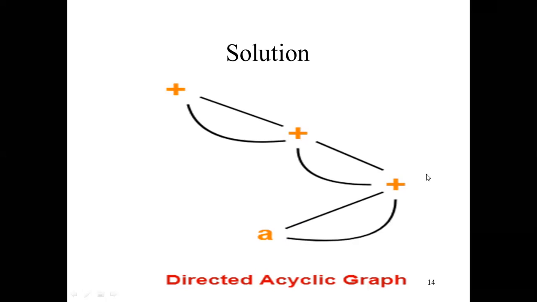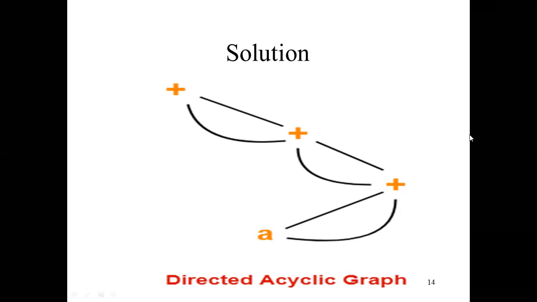It means here we will get A plus A. And this A plus A adds again with A plus A, and here again with A plus A. And why are we drawing this and this? Because there is a repetition of A plus A four times.